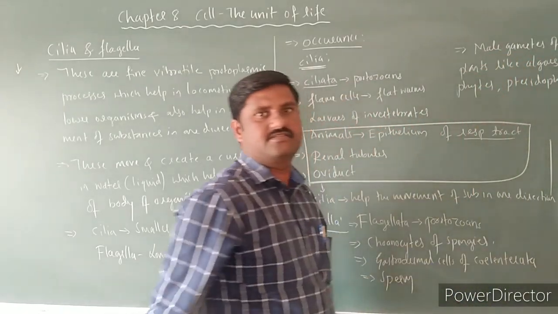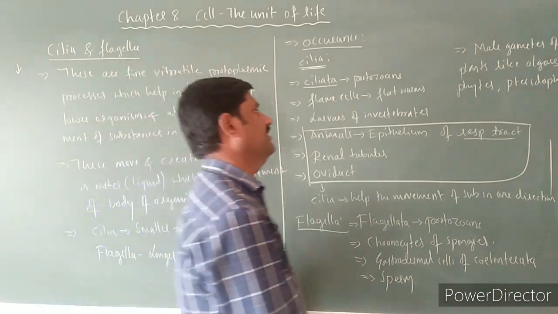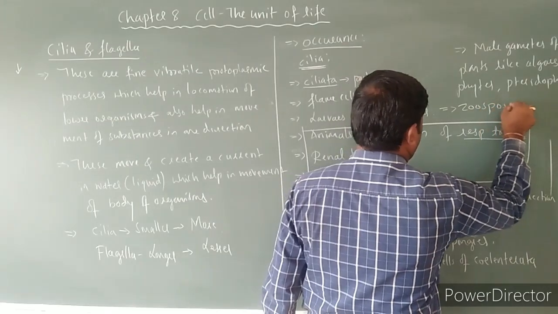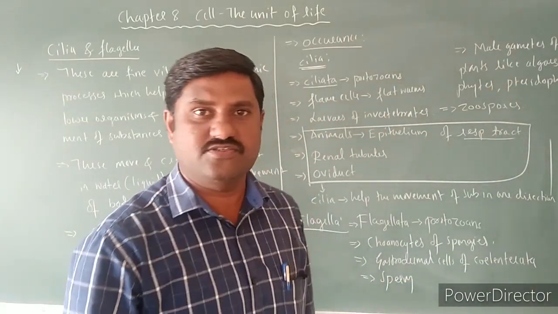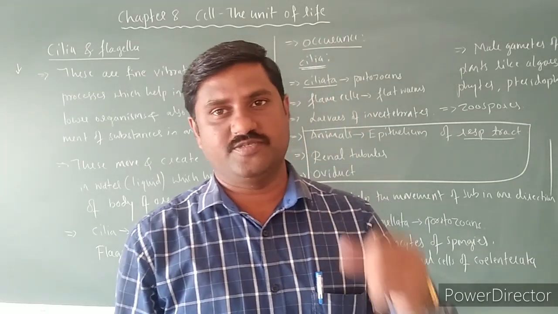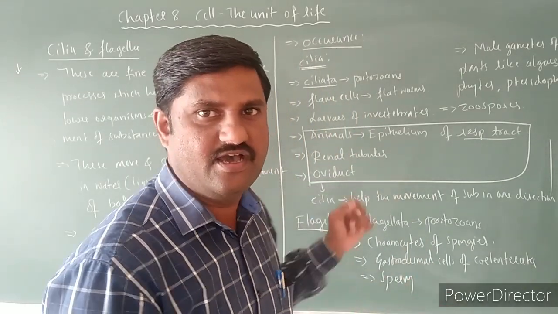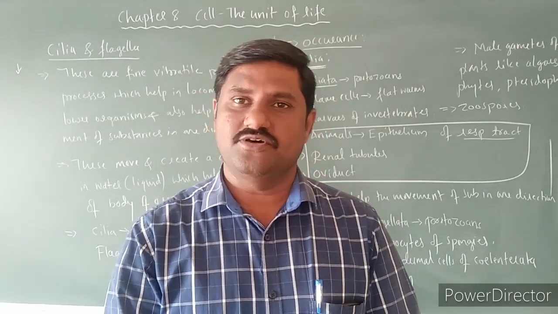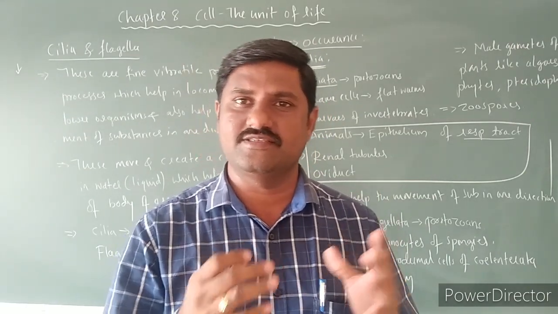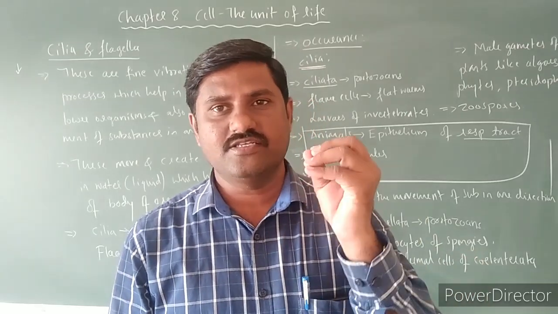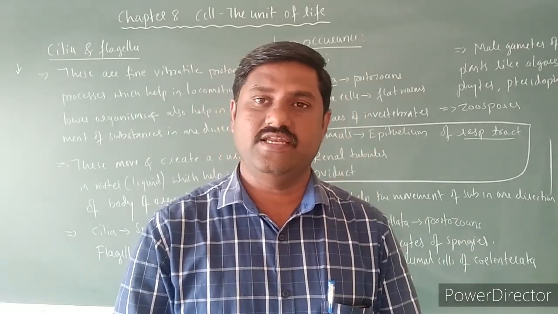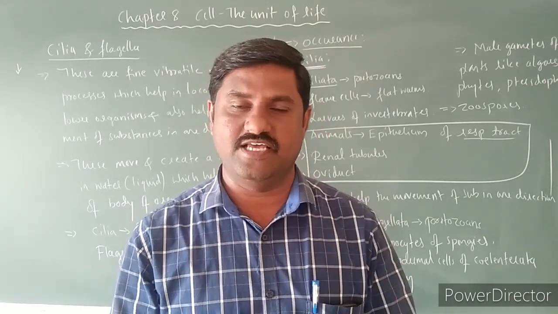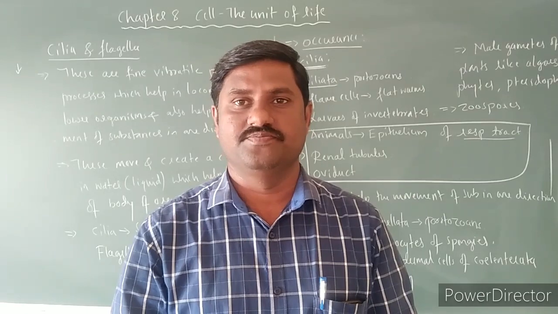You will find flagella there. And apart from this, zoospores also have these protoplasmic extensions, that is flagella. So this is about the occurrence of flagella. Structurally, cilia as well as flagella are almost similar. So what are the structures that we come across in cilia and flagella? Let us see now.